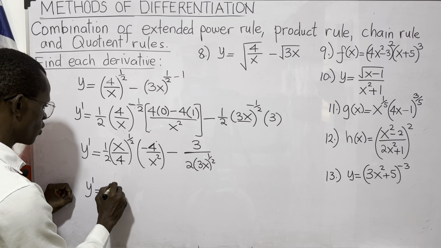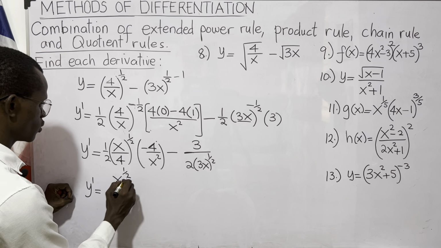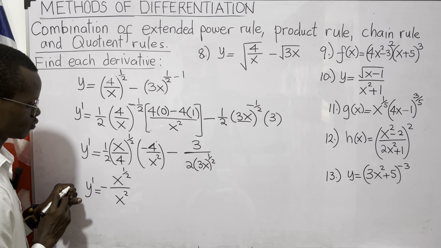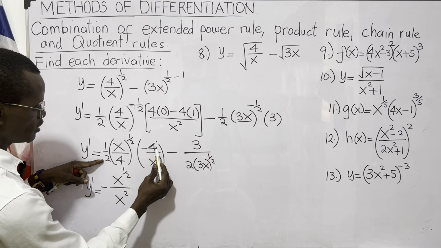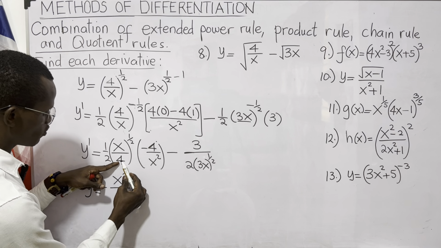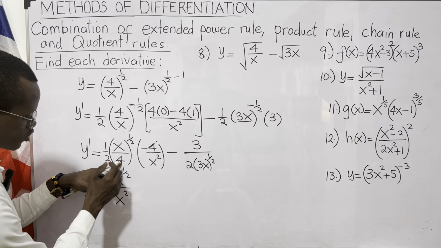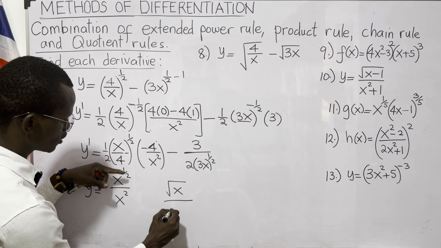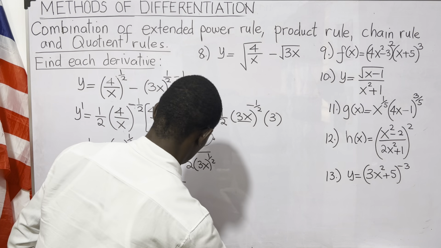So you're left with the square root now, x raised to the power 1 over 2 all over x to the power 2. Because this 4 and this 2, you'll be left with 2 right here. There's a square root of 4 because you have square root of x over square root of 4. So that's the reason why we did that.